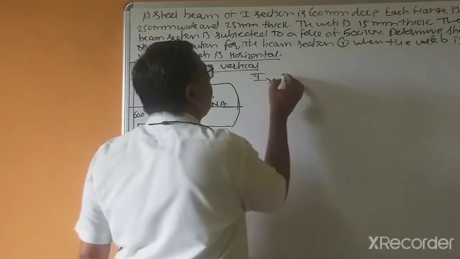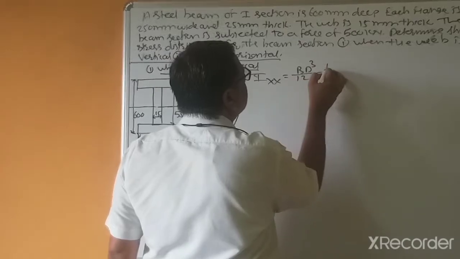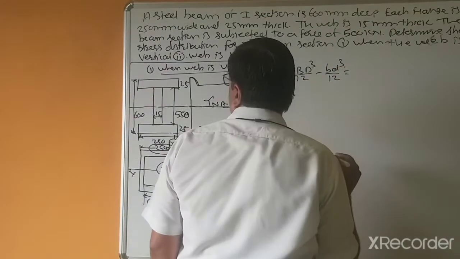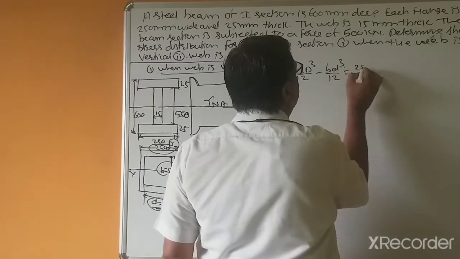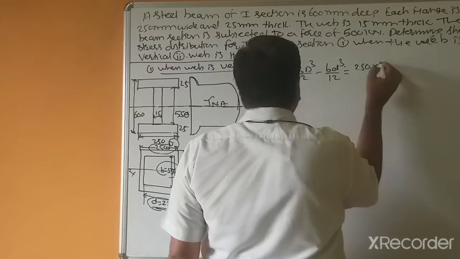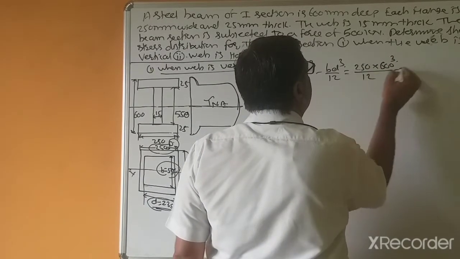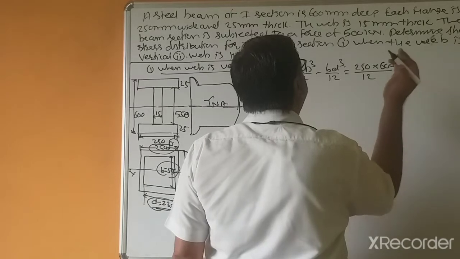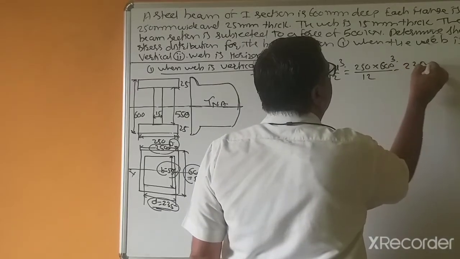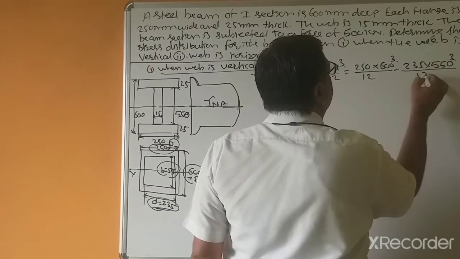So you can take the formula BD cube divided by 12 minus small bd cube divided by 12, where B equal to 250, D equal to 600, minus b equal to 235 and d equal to 550.